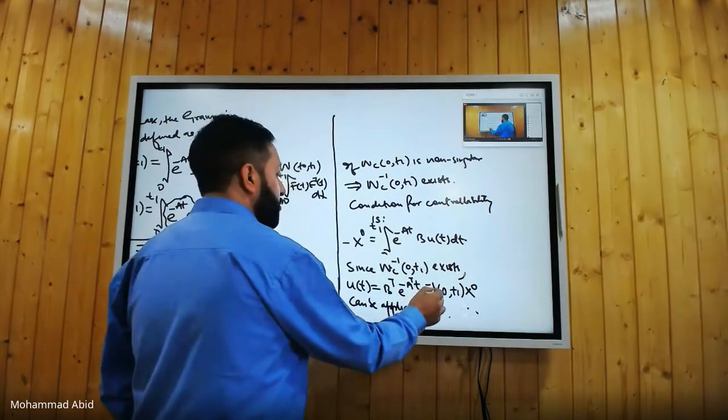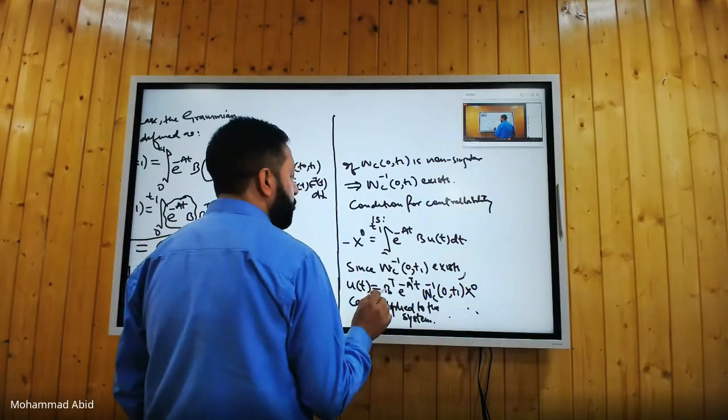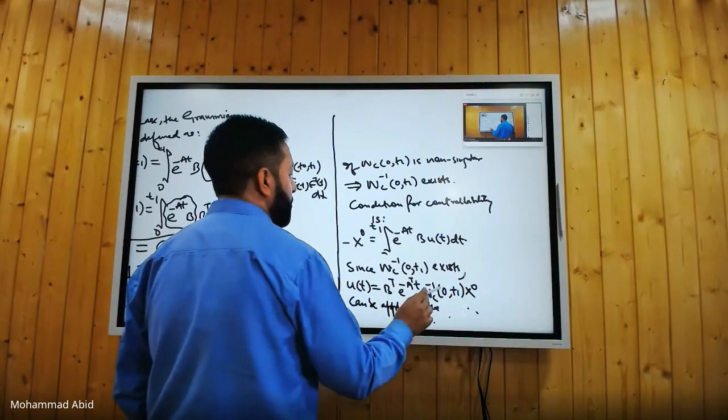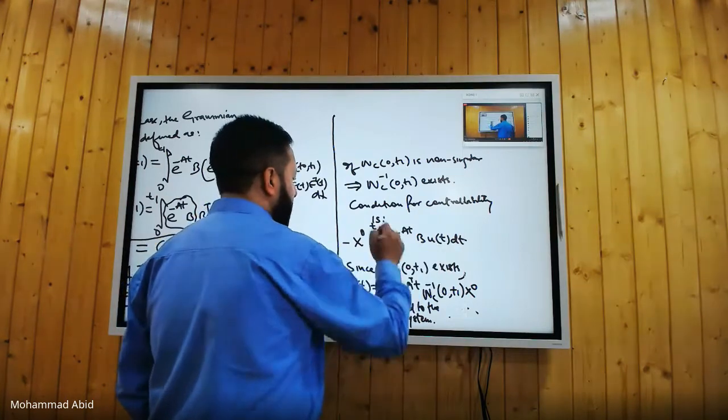Because you know W_c inverse exists, so I can evaluate it, and I can put u(t) equal to that expression, and I evaluate the right hand side of this equation.